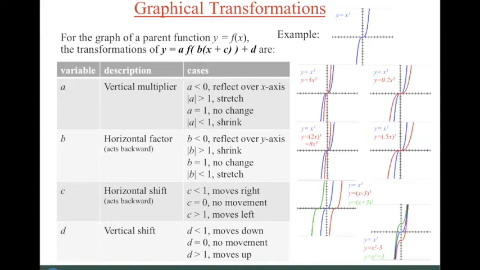So just like before, if it's outside of the function, it behaves how we would normally expect. If it's inside of the function, it behaves backwards. In these images, the blue is always the original x cubed function, and the equation in a color matches the graph in that same color.